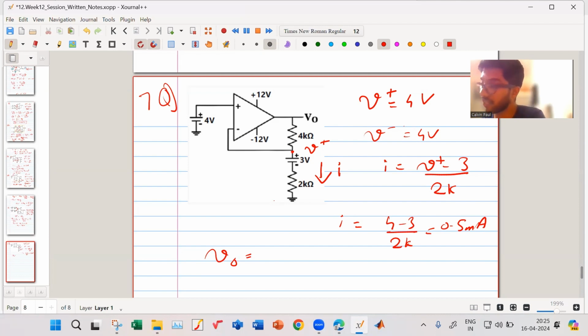Your V output is equal to, here the current is 0. So here again only current I is flowing. So your V output is I into 4K plus 3 plus I into 2K.